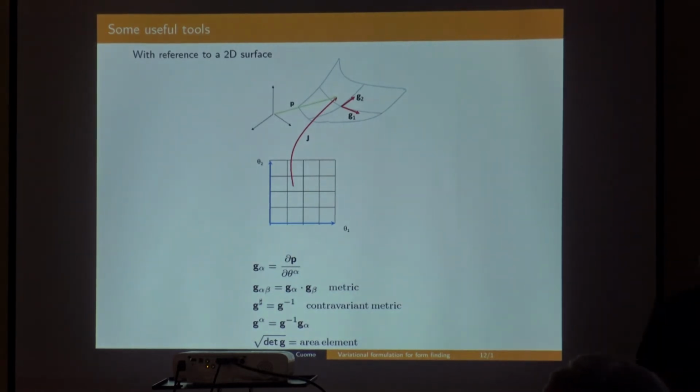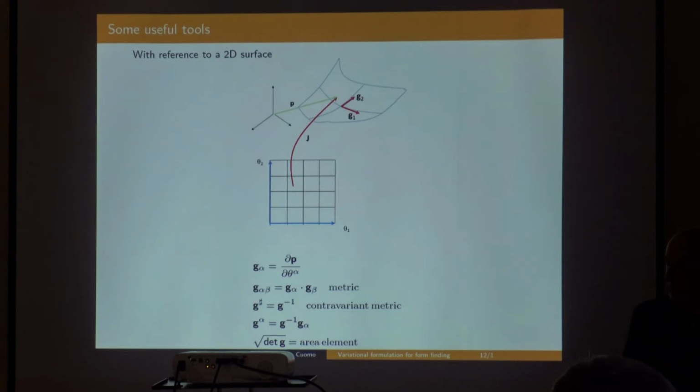Now, let's try to generalize this idea to 2D surfaces. So the idea is that we start with a topology. We have the parametric domain with two coordinates, this square, and this map points to the position of the membrane. On the membrane, the position is unknown, of course.